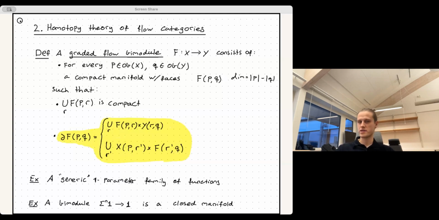And the master equation for a bimodule is that the boundary strata of F_PQ, the codimension 1 pieces, are labeled by the following two types.